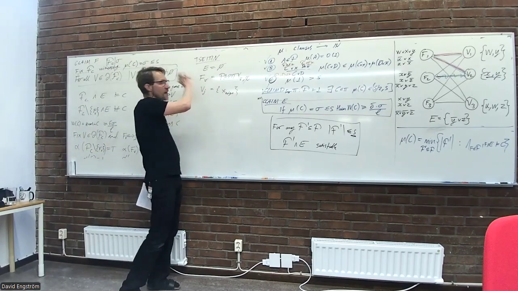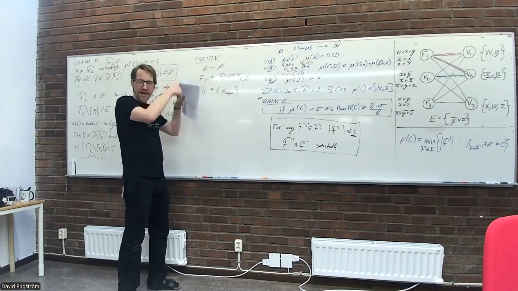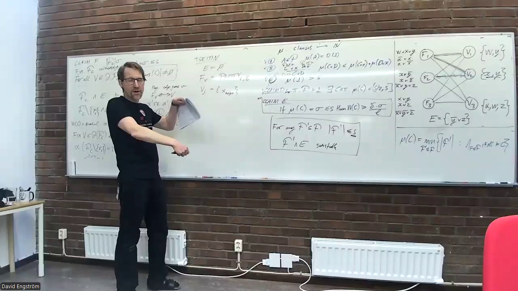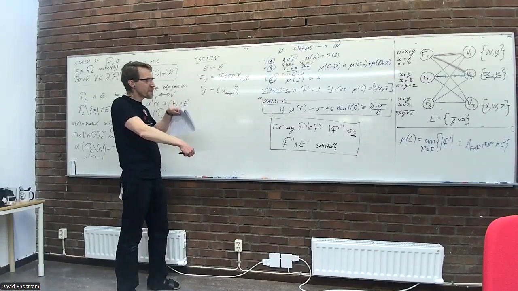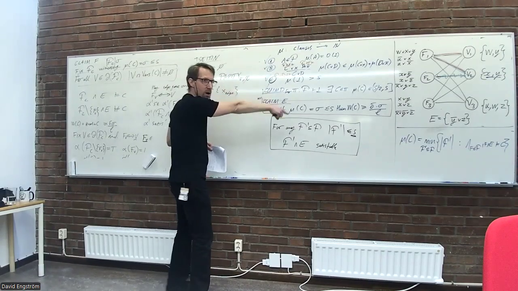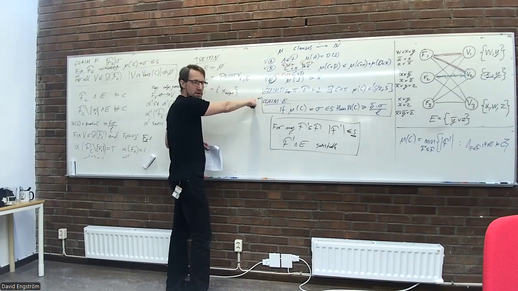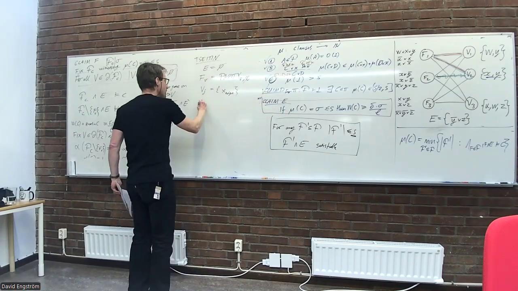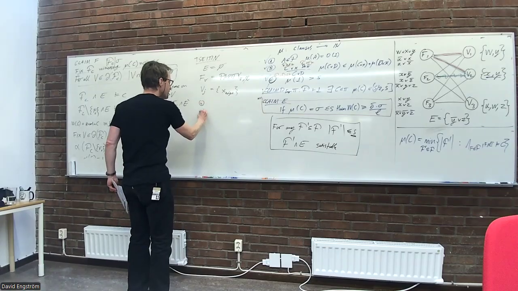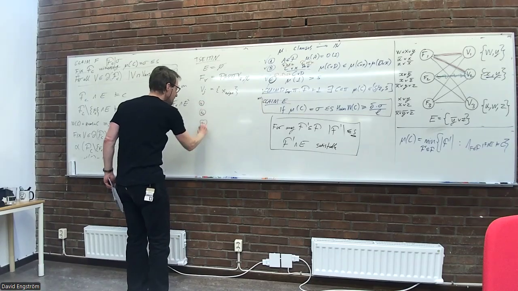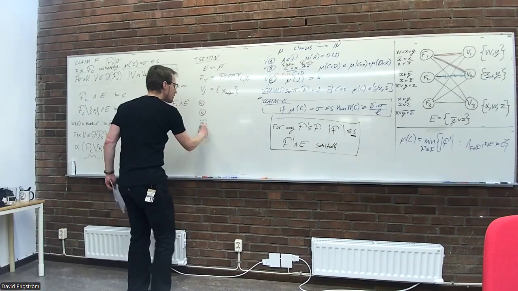Okay, so basically I take a graph, and in that graph I now make it bipartite by pulling out every edge. So basically, I'm going to have my Tseitin graph over here, V1, V2, V3, V4.